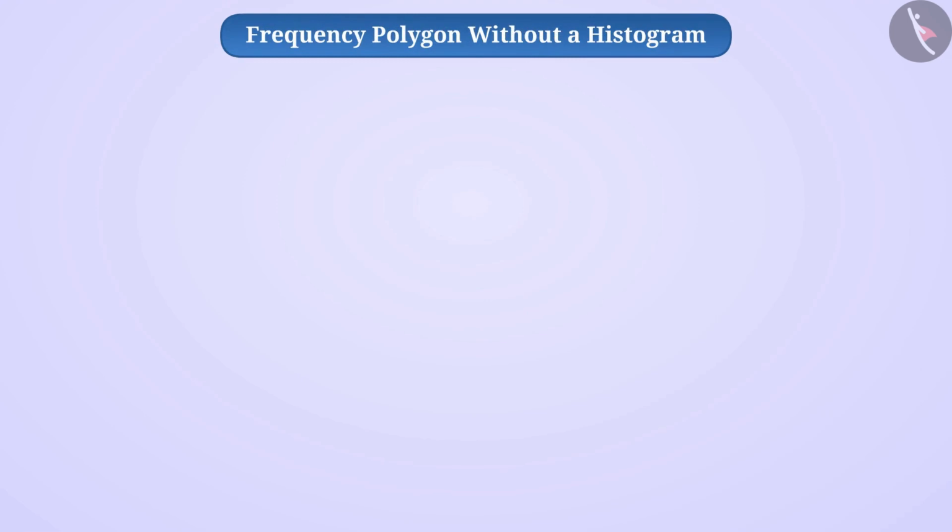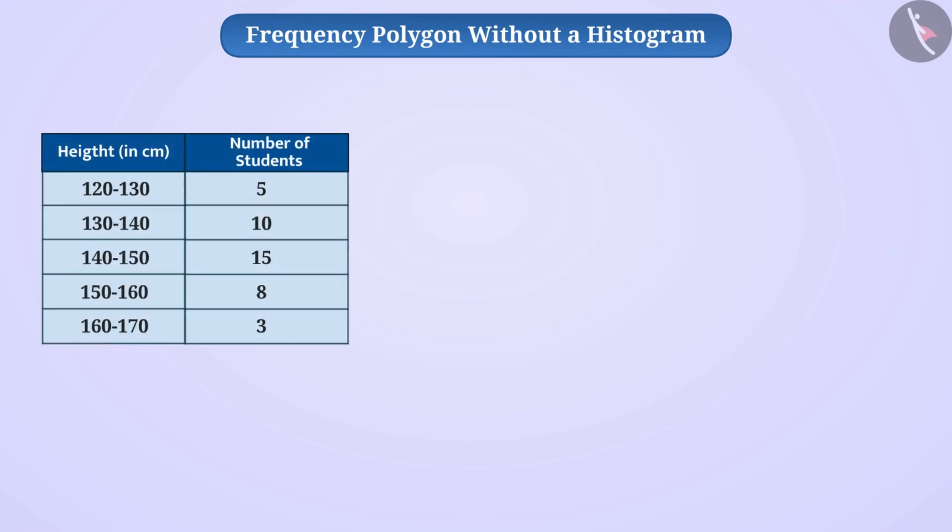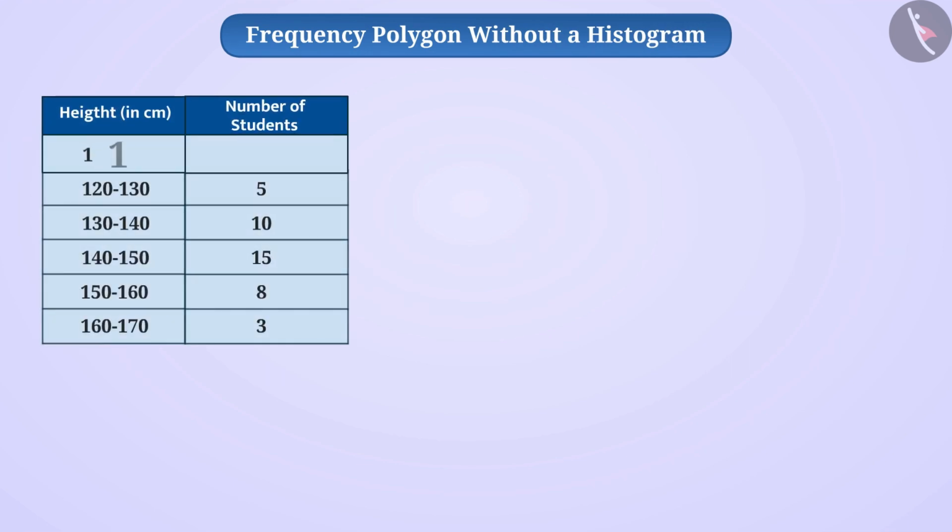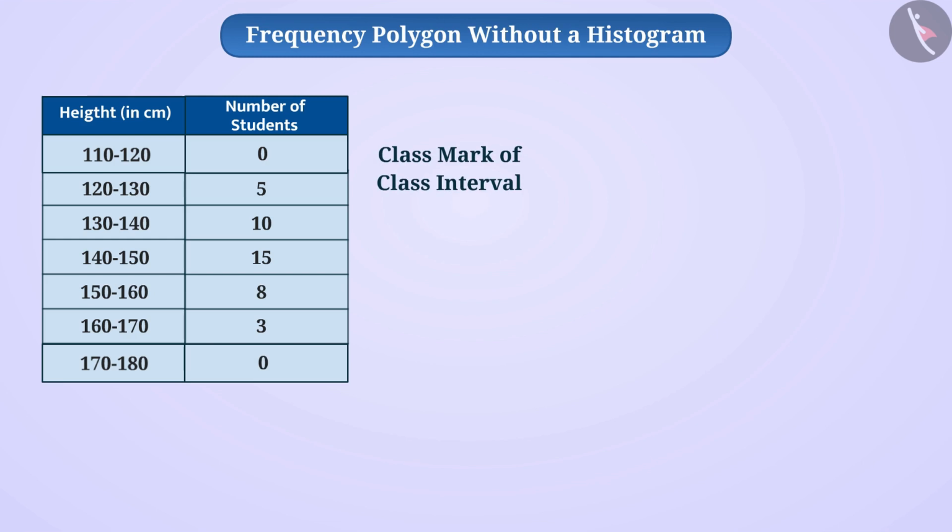Now, let's learn how to make a frequency polygon without a histogram. Here also, we will take the first class interval 110 to 120 before class interval 120 to 130, whose frequency is 0, and similarly, after class interval 160 to 170, we will take class interval 170 to 180, whose frequency is also 0. To make a frequency polygon, we need the middle point, called the class mark, of each class interval.